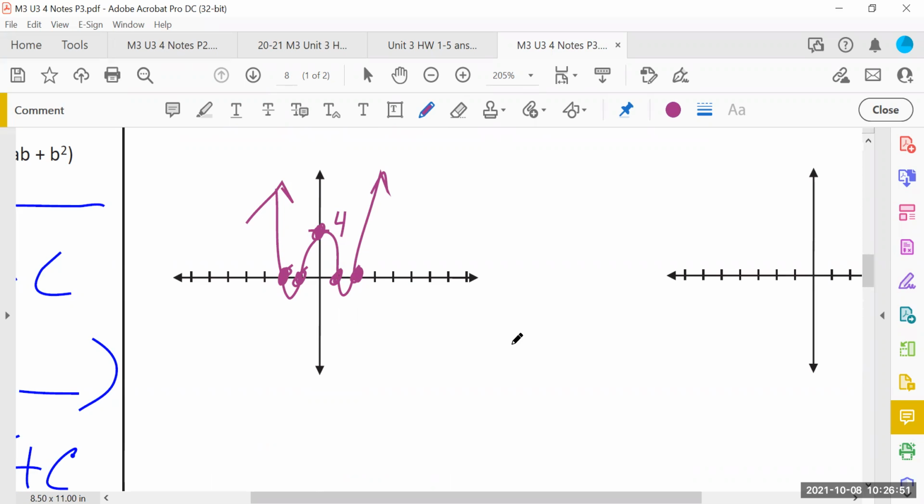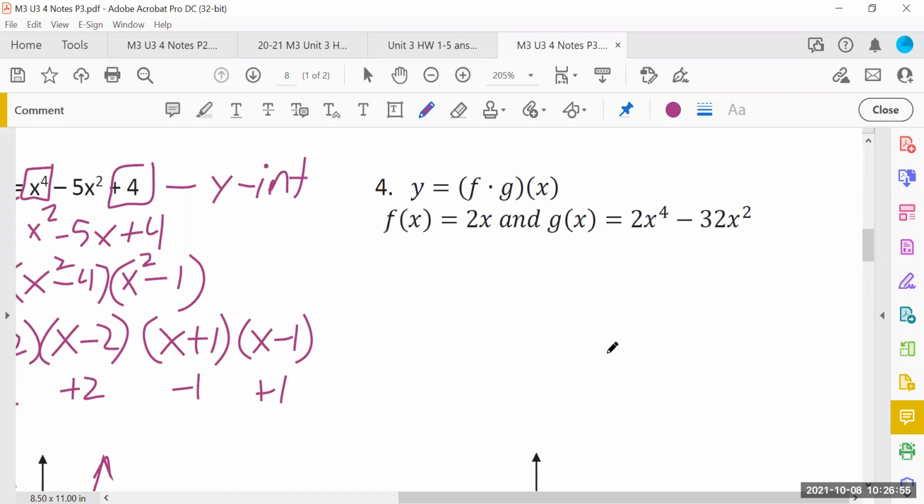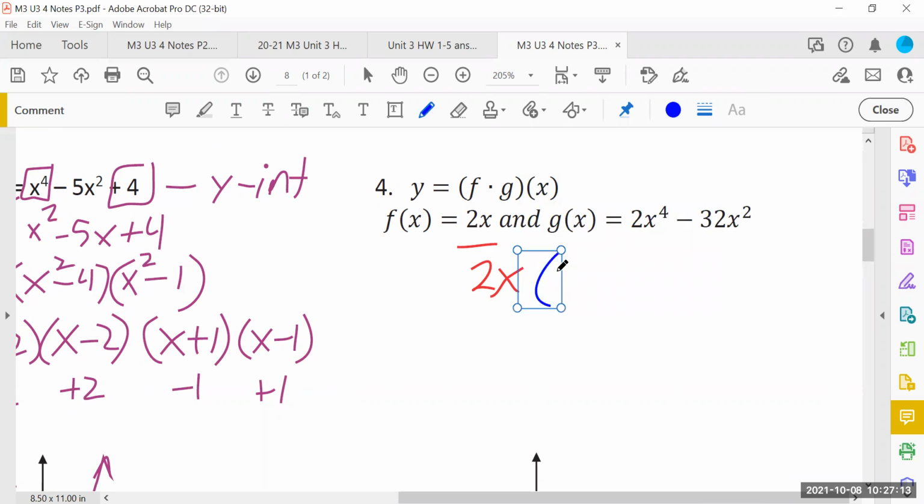Let's do one more, and then I'll have you guys try a couple. So number 4, it's another f times g. So f of x is 2x, so 2x times g of x, 2x to the 4th minus 32x squared.